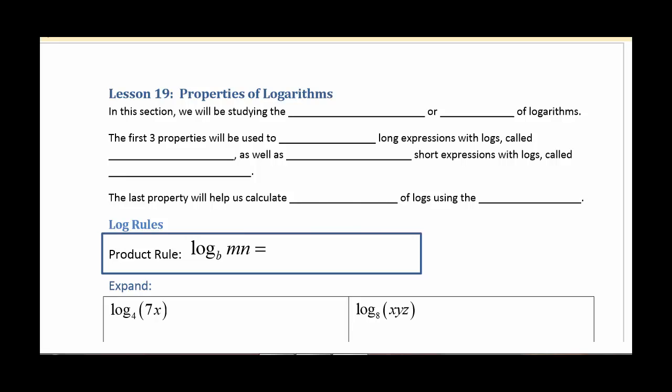All right, in this section we're going to be studying properties or rules of logarithms. The first three properties are going to be used to reduce long expressions with logs, called condensing, as well as unreducing short expressions with logs, called expanding.